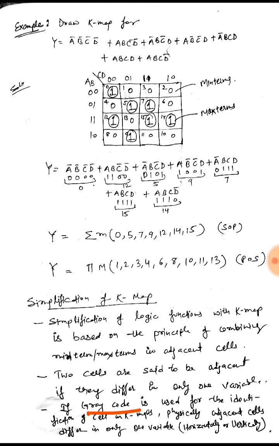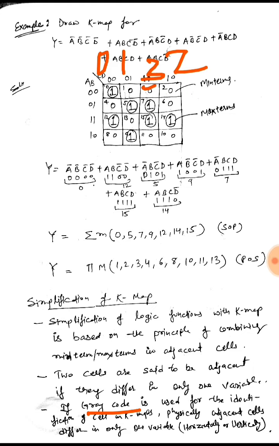The numbering that I was talking about, that is 0, 1, 2, 3, comes from the fact that I have used Gray coding for the numbering of cells, so that adjacent cells differ in only one variable and the simplification becomes easier.